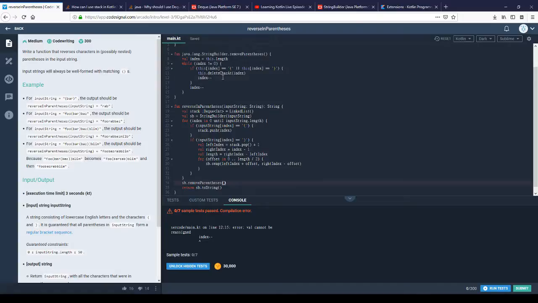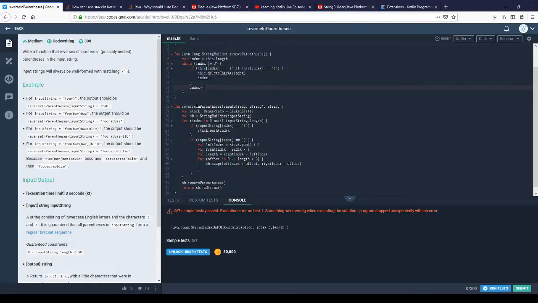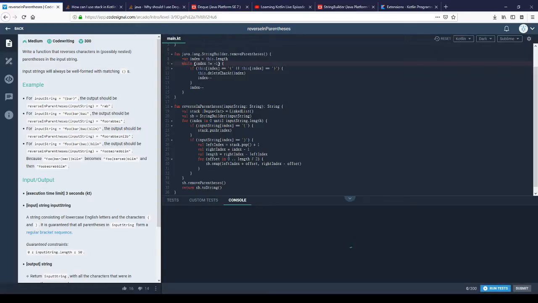Hey, what happened? Var. So this is problematic. If index equals 0, we won't remove it. So it's actually minus 1, and an index out of bound exception. That would be terrible.